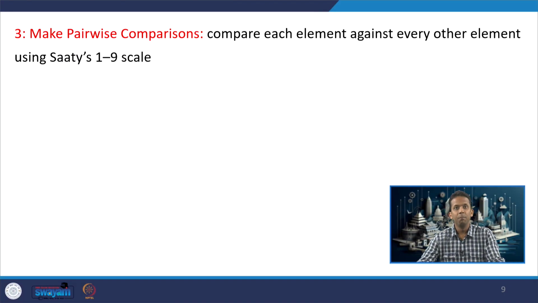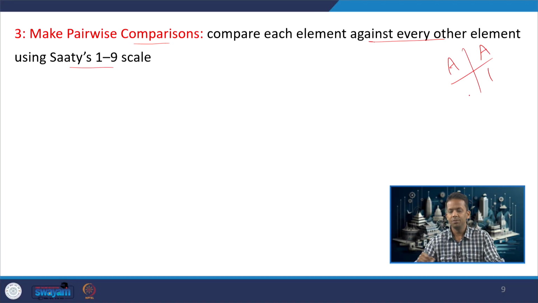Step 3, make pairwise comparisons. Compare each element against every other element using the 1 to 9 scale. If I have to compare A with A, the value will be 1, isn't it? A is equally important with respect to itself.